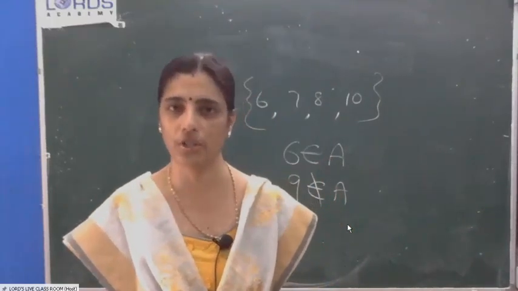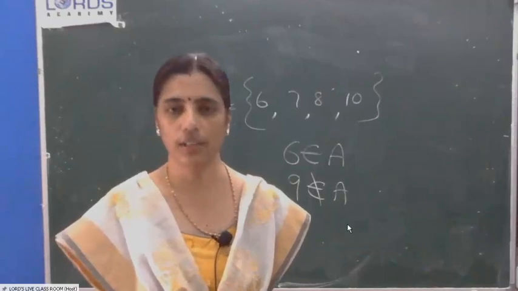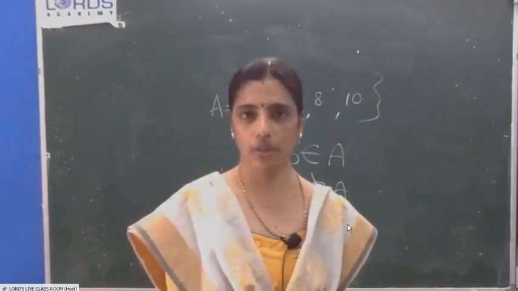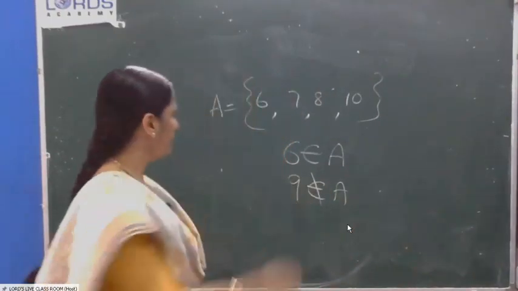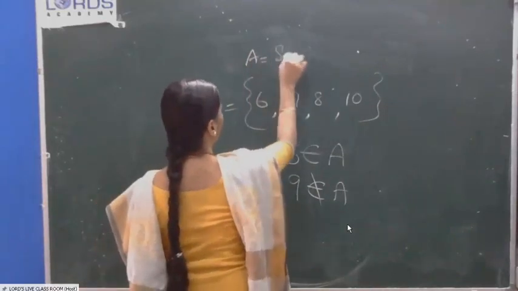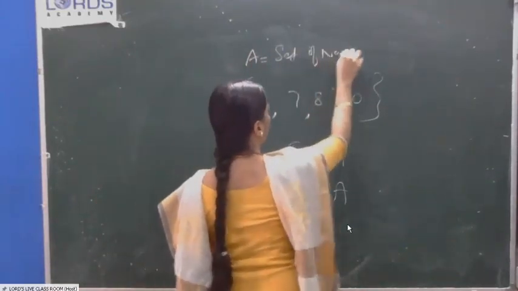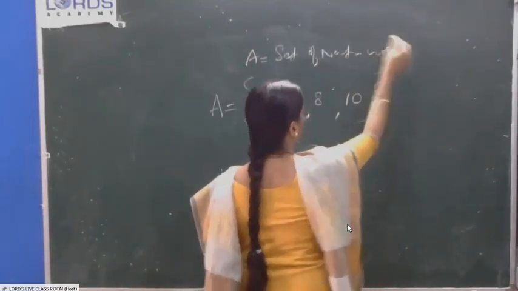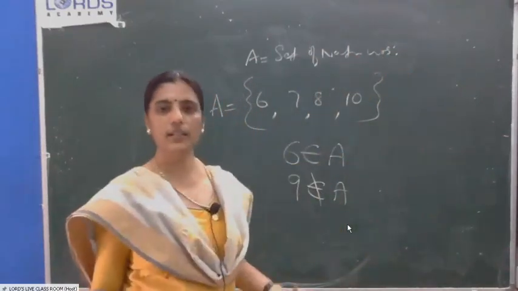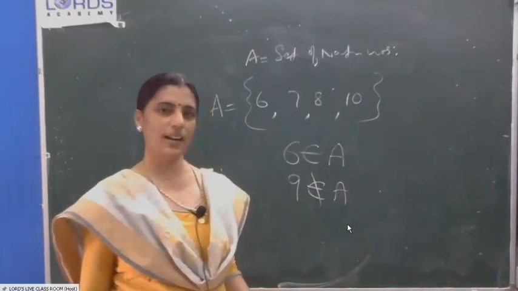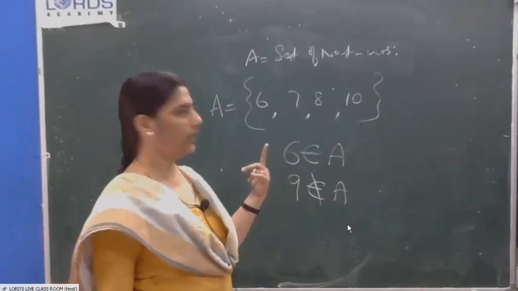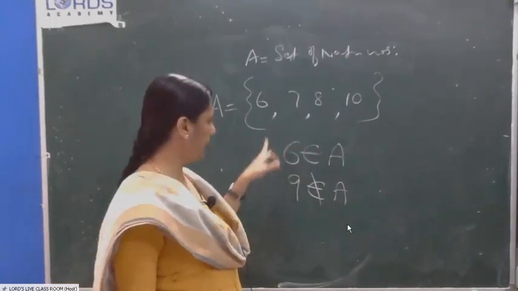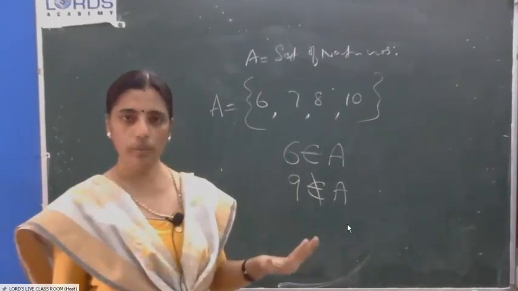That method is not mentioned in your textbook. It's irrelevant, that's why we are not telling it. This is the tabular method and the other one is the rule method.